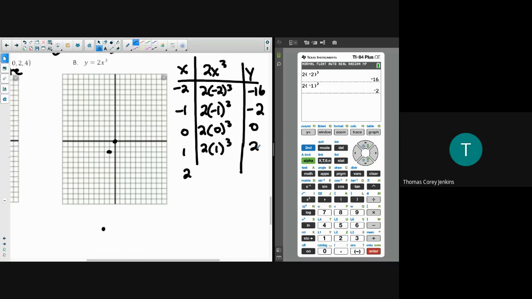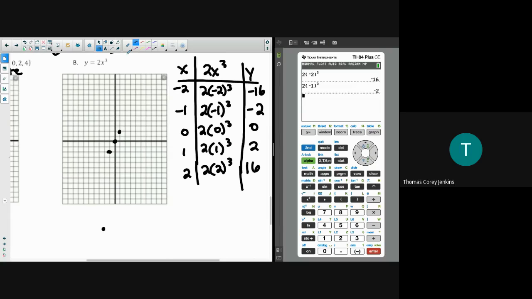So 1 goes to 2. And then you could probably guess what's going to happen when I do 2 times 2 cubed. If you guessed 16, you were correct, because that's 2 times 8. So 2 goes to 16, so I'm going to go just off my graph.